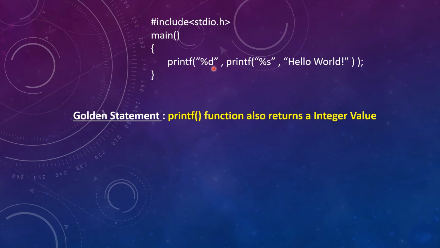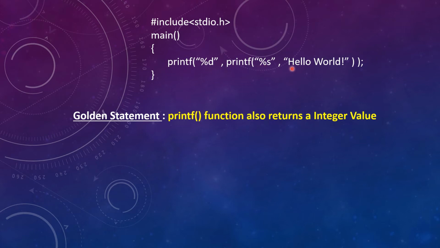So here we are having two printfs, a printf and a printf inside a printf. So first this inner printf will be executed, because whatever value this printf returns, that will be printed by this %d. Okay, that you understood, right? So what this printf will be printing is %s. %s, as I said, is a format specifier to print strings on the output console.